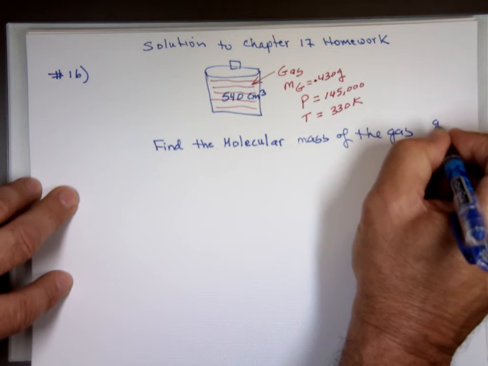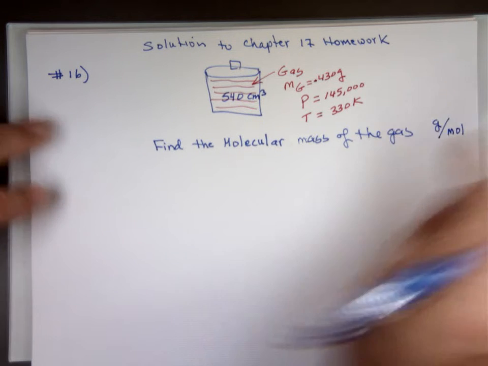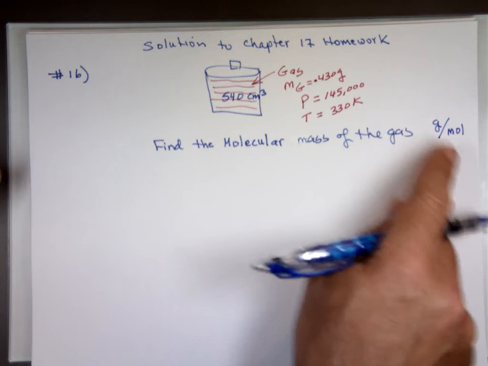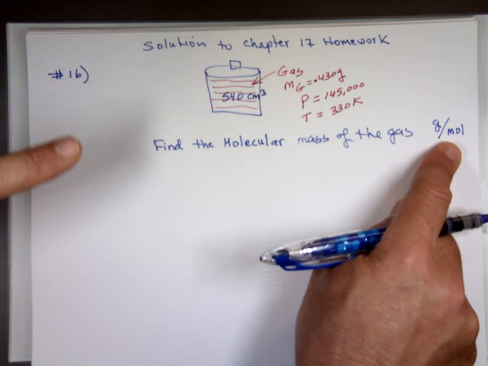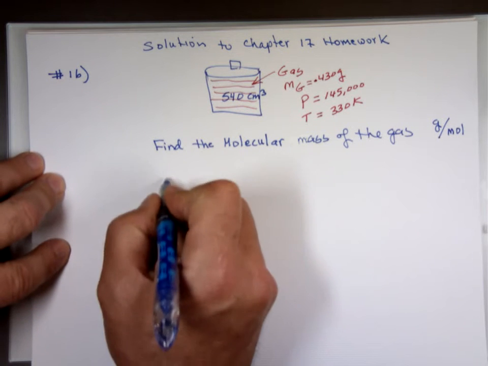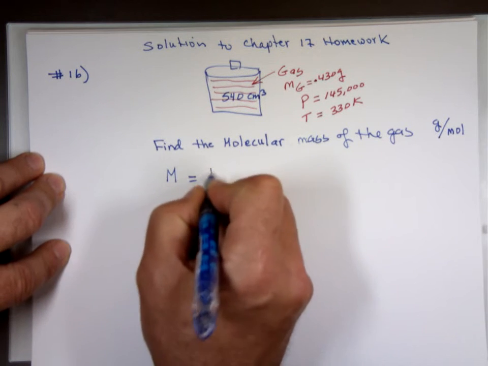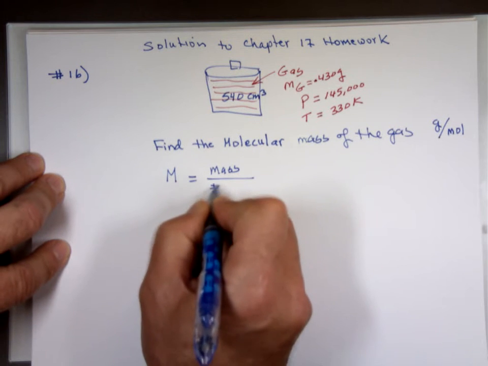It says gram per mole, which means take the mass and divide it by the number of moles. The units are telling you what you have to do. We know what the mass of the gas is. So M, the molecular mass, equals the mass divided by the number of moles.